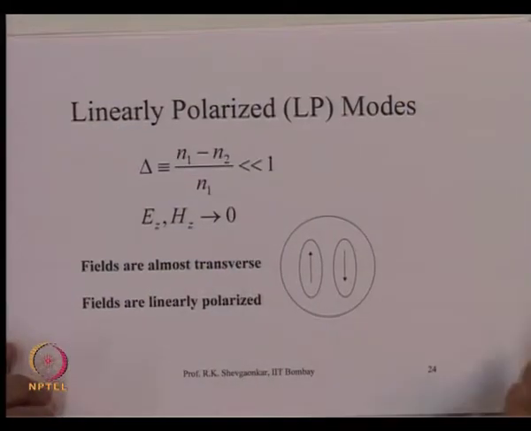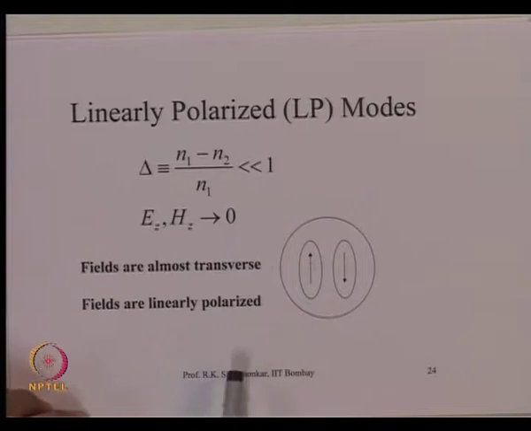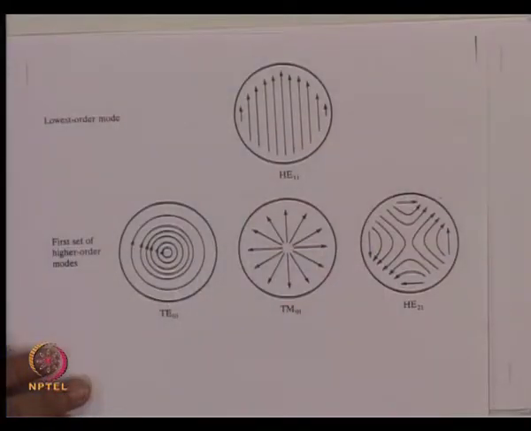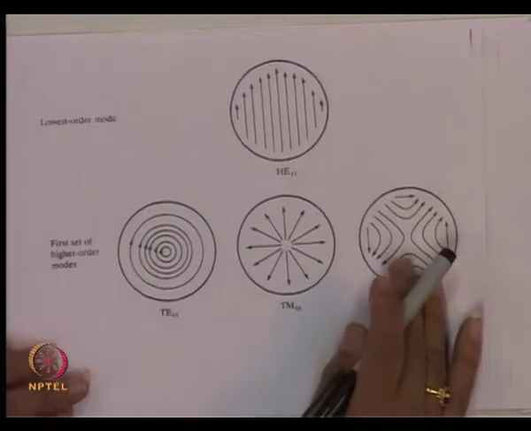So, for a practical fiber, since the weakly guiding approximation is justified, the fields are almost transverse, and one can also show that the fields become what are called linearly polarized. What do I mean by that? If I consider a field which is like this, the field direction is continuously changing.